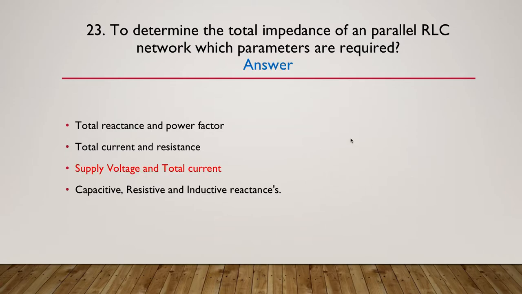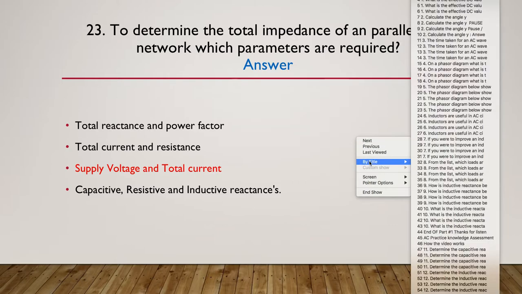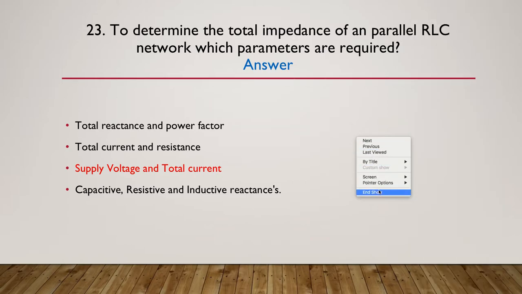So here the answer is the total supply voltage and total current. The trick here is the supply voltage and the total current. So the reactance and power factor had nothing to do with those. We can eliminate that. Total current, yes, we do need total current, but we need to consider far more than resistance in a parallel circuit.